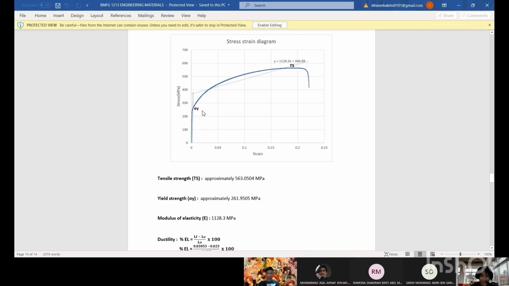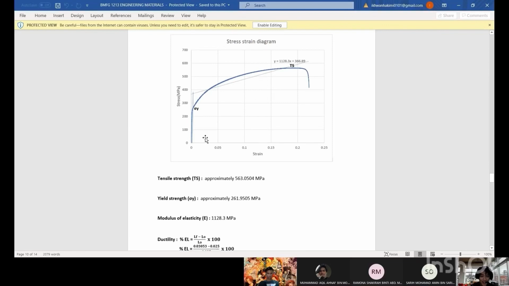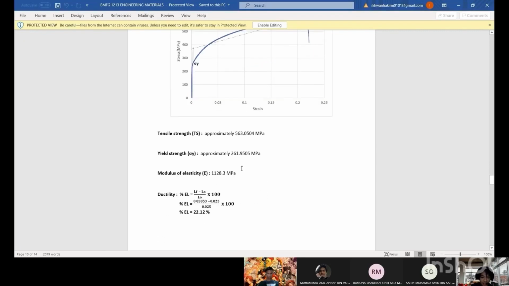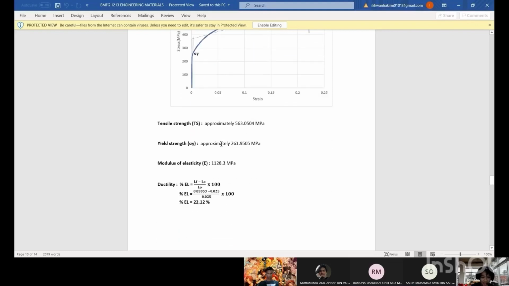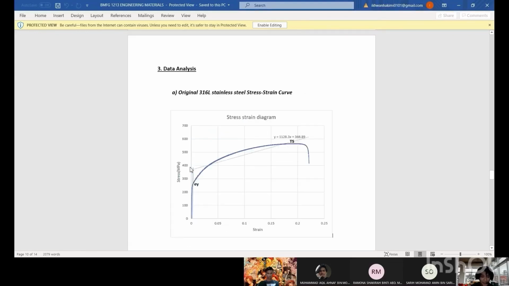So the intersection is the yield strength. From the diagram, the yield strength is approximately 261.9505 megapascal.